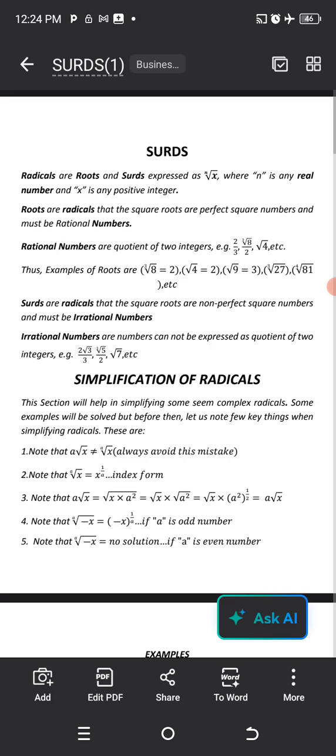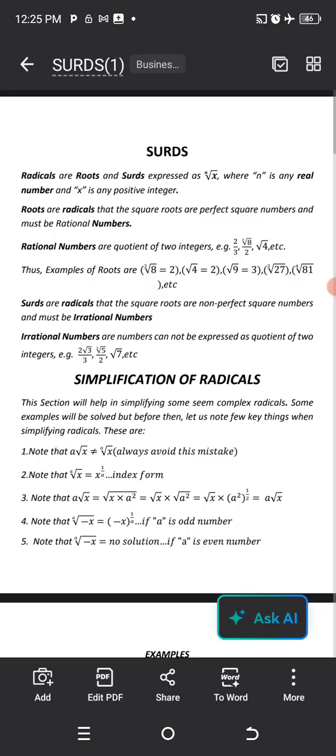Sometimes x can be a negative integer, based on what the power of the root is telling us.